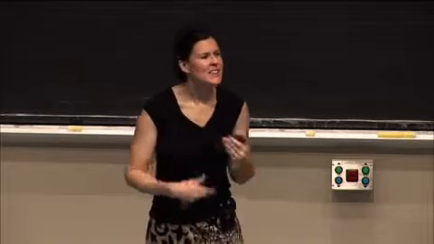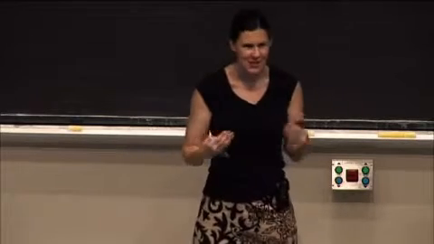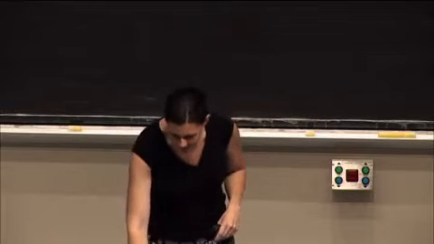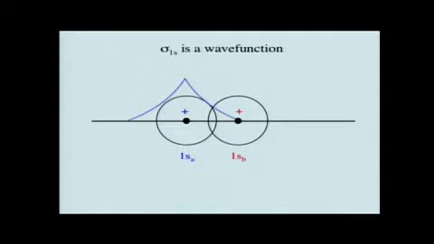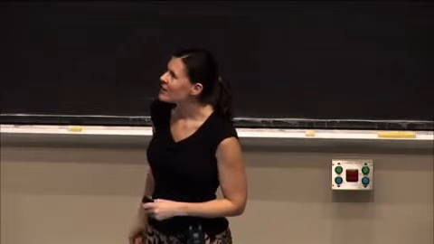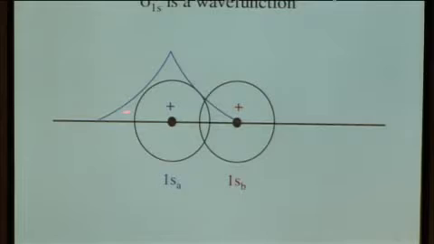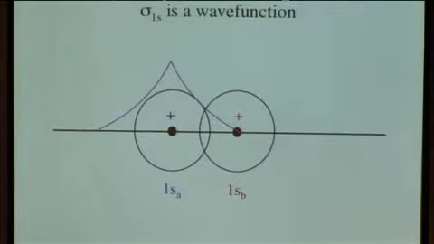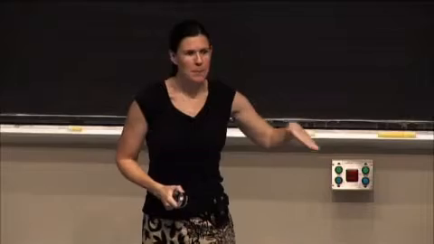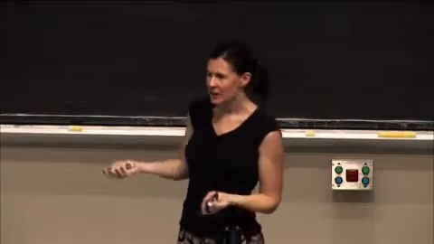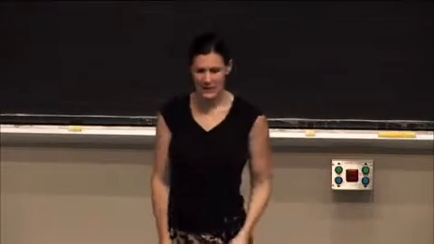All right, so let's look at this in another way. Sometimes it's hard to picture these waves combining, so let's think of them a little bit more by graphing the amplitude of the wave and seeing how we can have this constructive interference. If we think of a graph of the wave function, it is at its highest amplitude when it's lined up with the nucleus, and then as we get further away from the nucleus, the amplitude tapers off until it never hits 0 exactly, but it goes down very low.